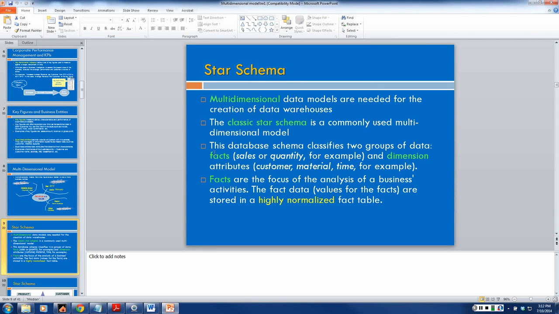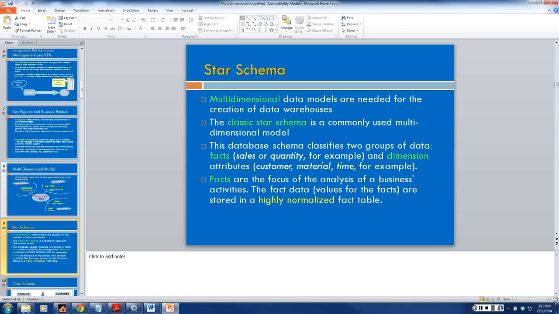One is called facts, that is the numbers that we need to analyze, and dimensions, which are attributes, that is context or perspective. So if we say a sales figure, $120, the dimension is how do we analyze it? Are we going to analyze it by customers, by material, or by time?